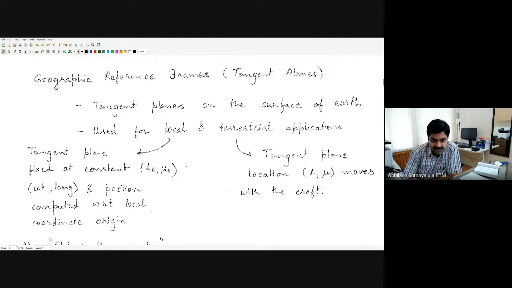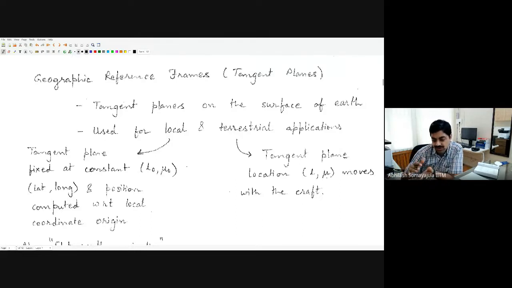Whereas when we are talking about local navigation, we are looking at a small geographical area around a fixed value of longitude and latitude. In that case, the curvature of the Earth really doesn't make that big of a difference. If we go very far away, then we need to start considering that L and mu are moving.